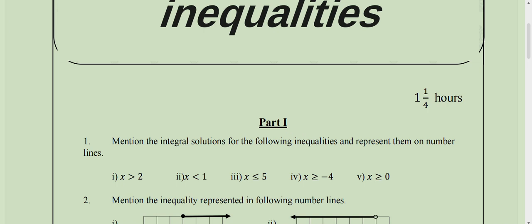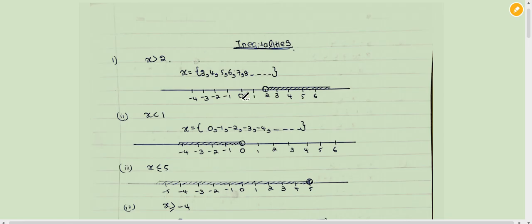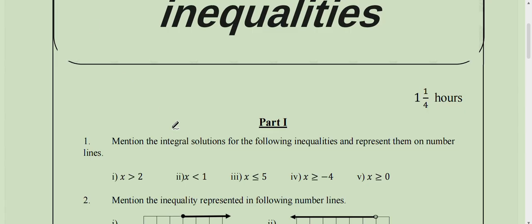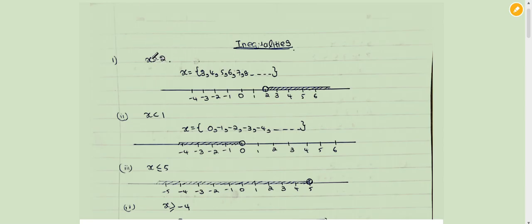Okay, so first of all, you should know some inequality symbols. This is a symbol that we use to represent an inequality sign. When I take an example, this is x and this is y.